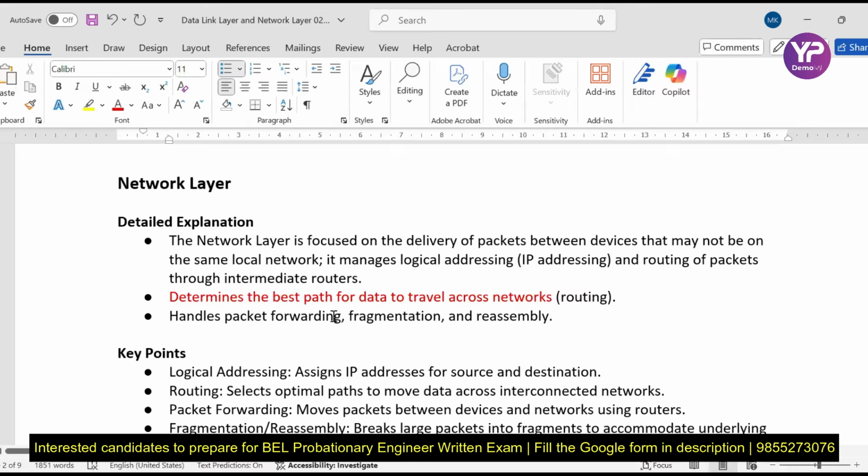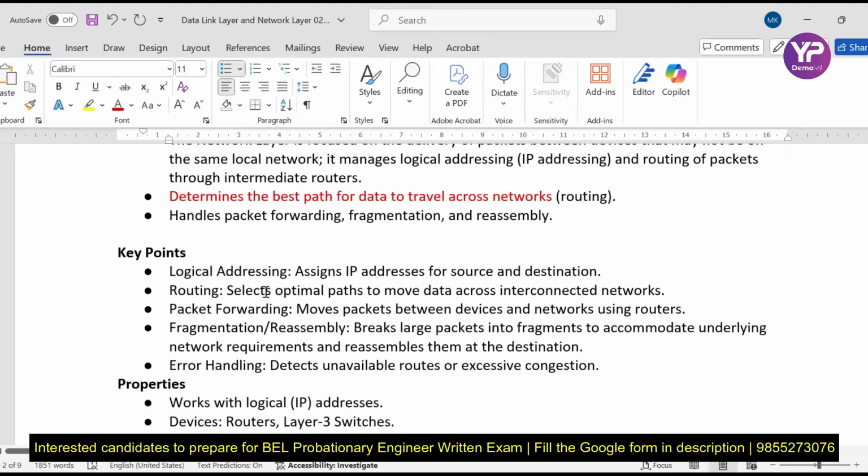Yes, sir. Fine. So the key points here at the network layer: we use logical addressing. MAC address is there in our system. It's a static address, we can say. But IP is a logical address because right now you are connected with the home Wi-Fi. You have some IP.